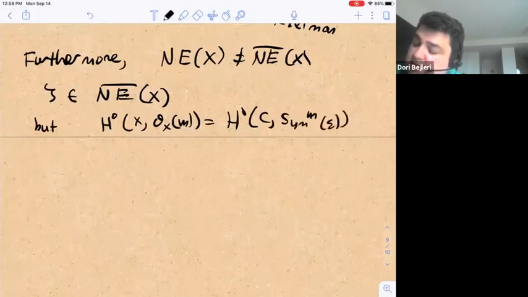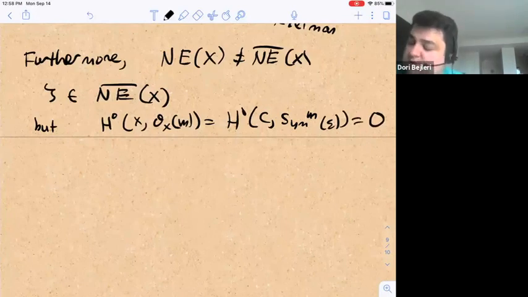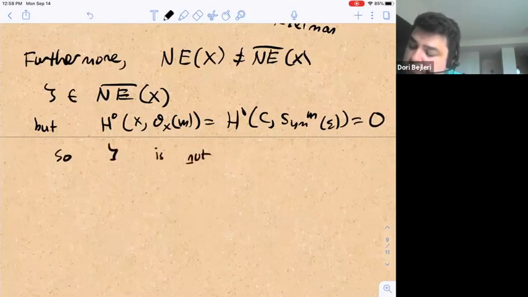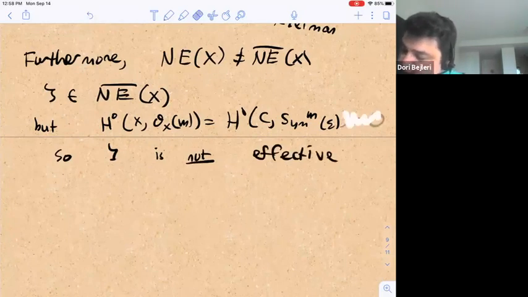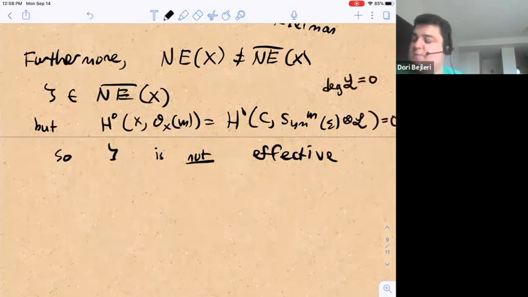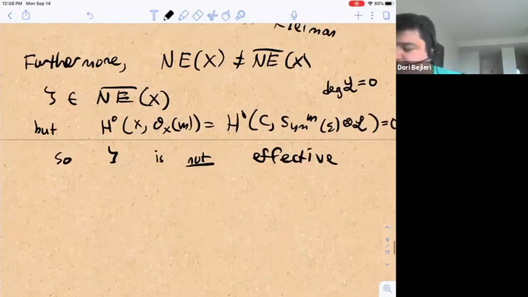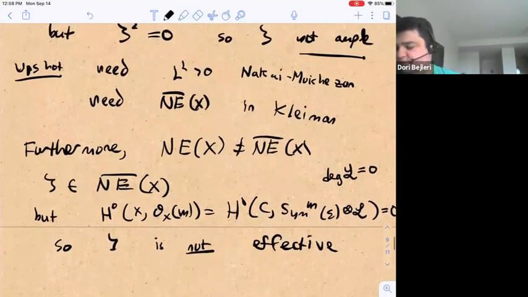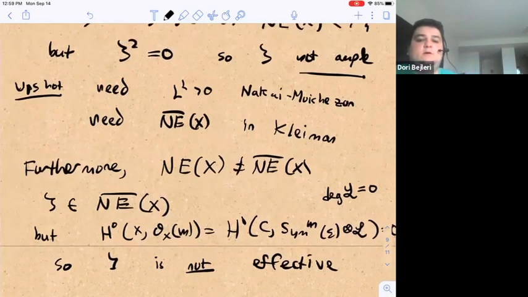It's like tensoring with a trivial line bundle, and these are 0 by our stability assumption, because the degree of L is 0. Okay. So that gives us an example where everything's rational, but we still need to take the closure, and it's actually not closed. Questions?